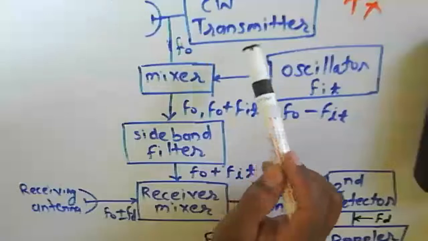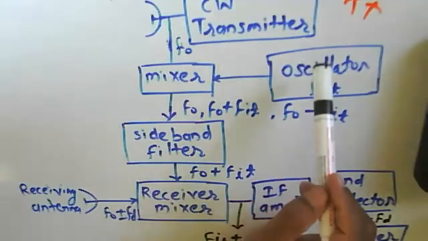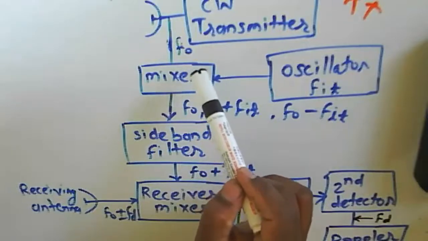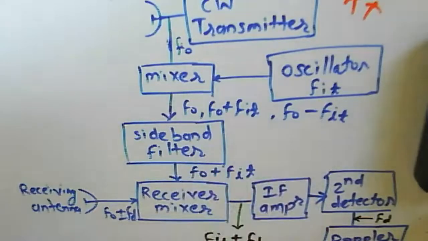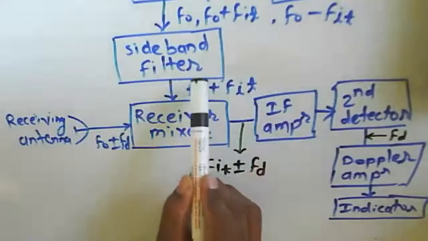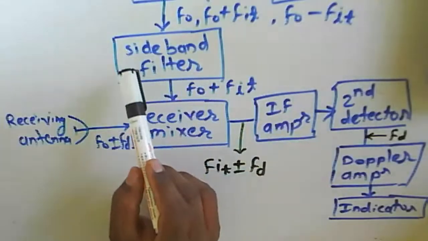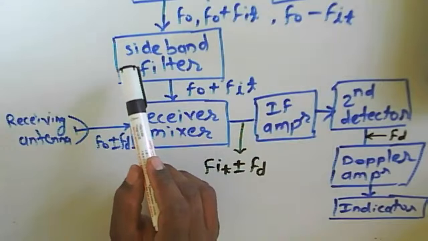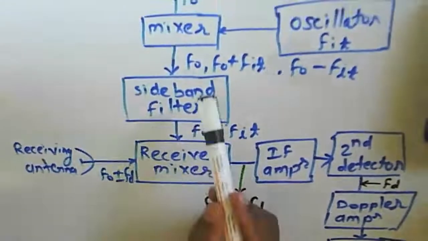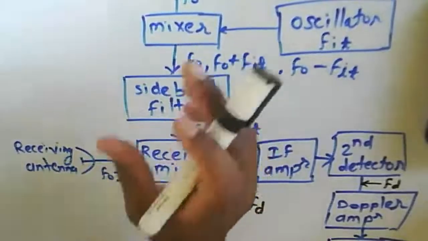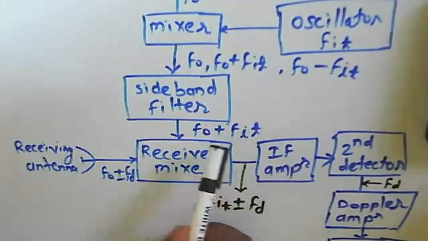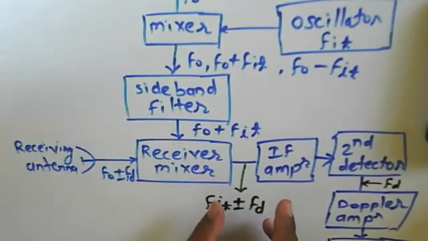So we have the oscillator here, we have the mixer here, and then at this receiver section, the signal we have received contains some noise, but that noise can be removed using this IF and so on.